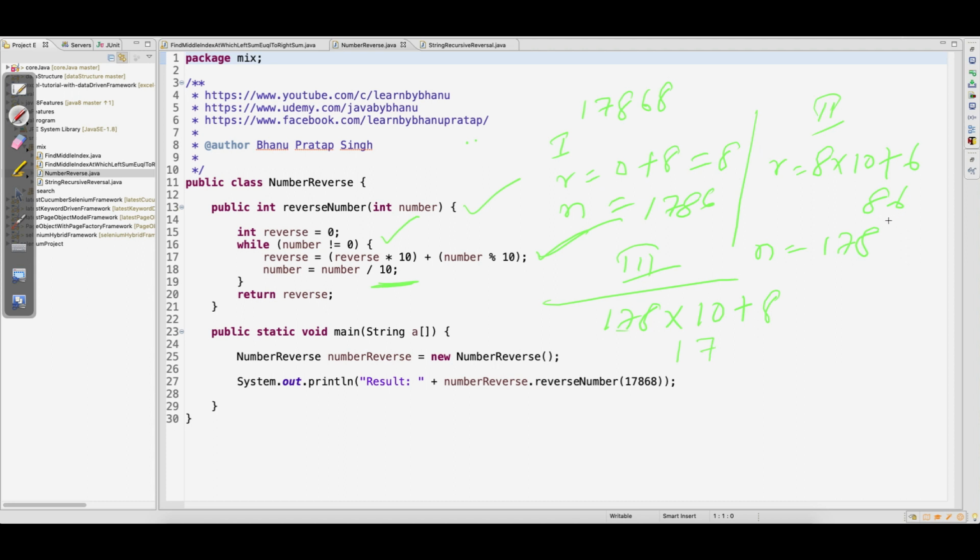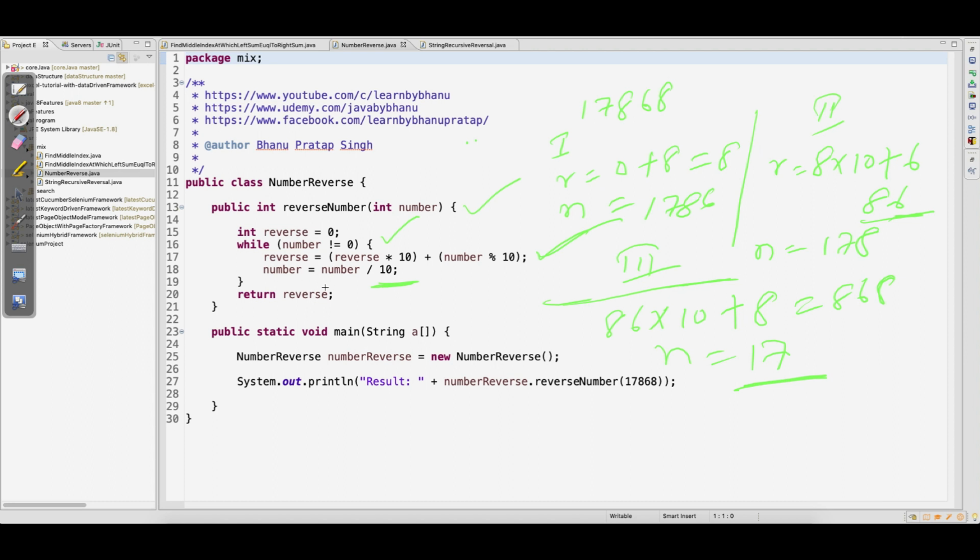This was 86, I made a mistake here. Since it was 86, I should not have done this. So here it was 86, guys. After the third iteration, it becomes 86 into 10 plus modulus 8. So it will be 868, right? And your n becomes 17. So you need to continue.